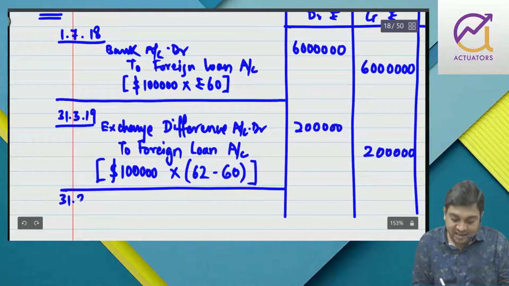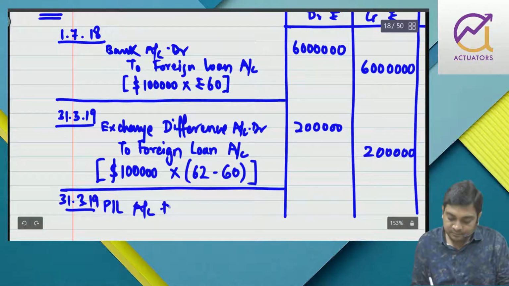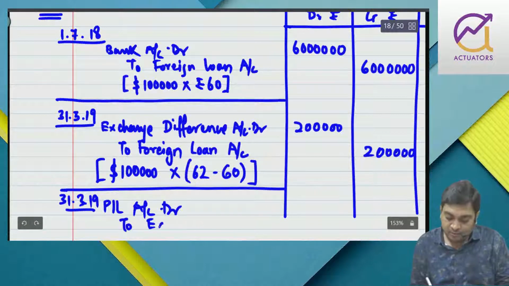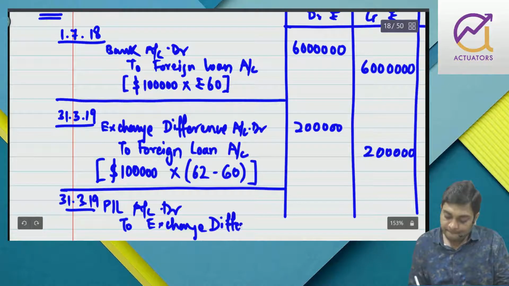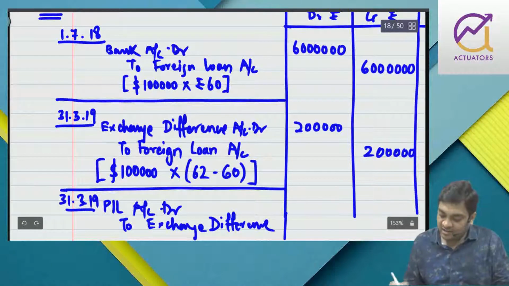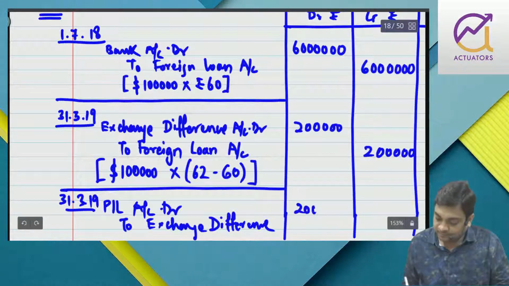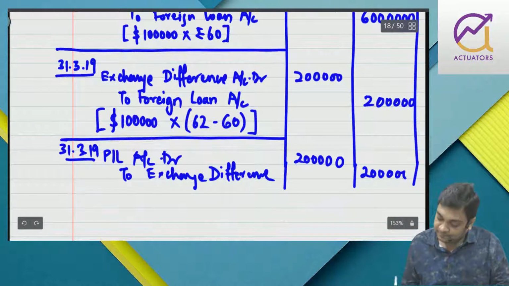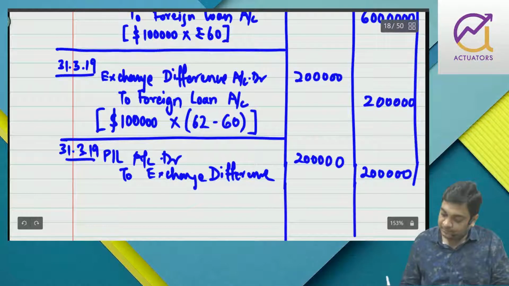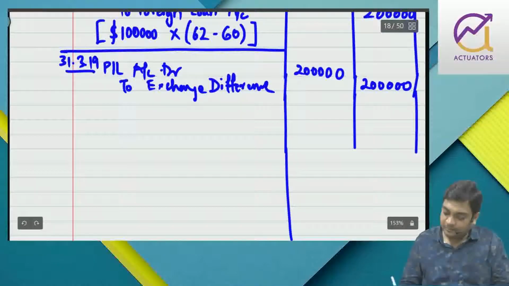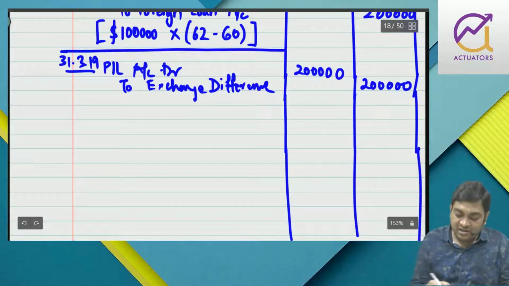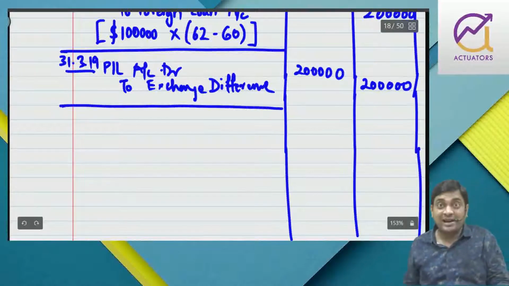And on this very same date, profit and loss account debit to exchange difference, 2 lakh. Now in the balance sheet, this particular liability is shown at 62 lakh.